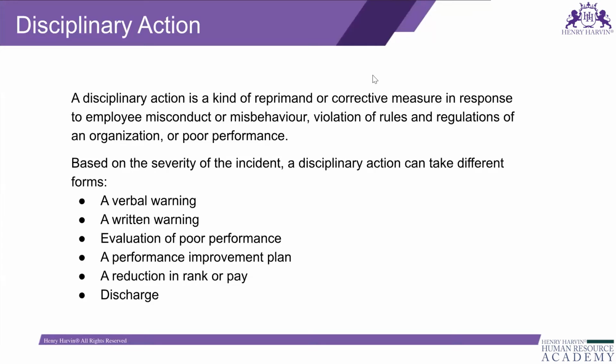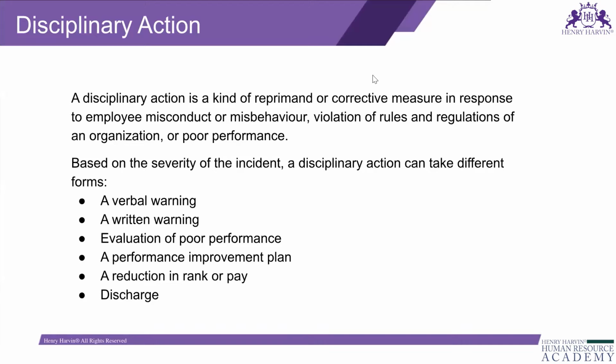HR will call the employee and give a verbal warning, saying that you are not obeying the rules and regulations of the organization. If you continue to do the same, a disciplinary action will be taken against you. So you have to be very careful and you should obey the rules and regulations. Like that, a verbal warning will be given.